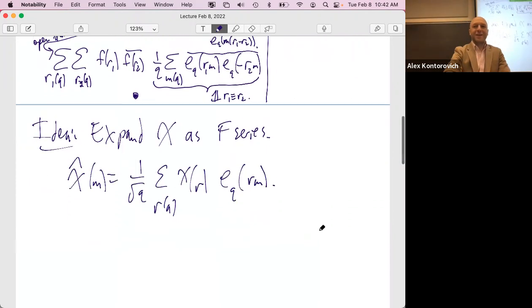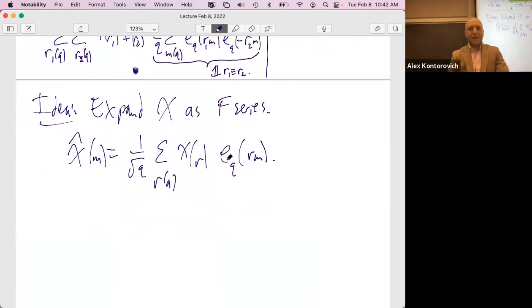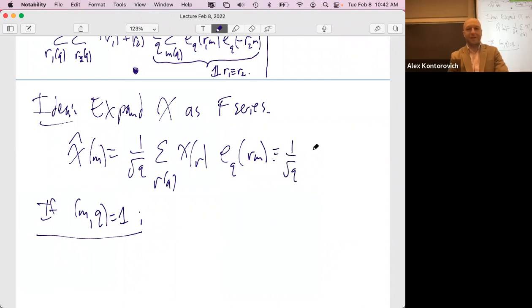If m and q are coprime, and this is a big if, then I can make a change of variables.